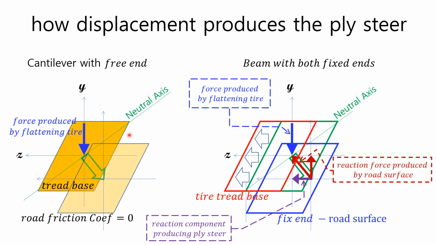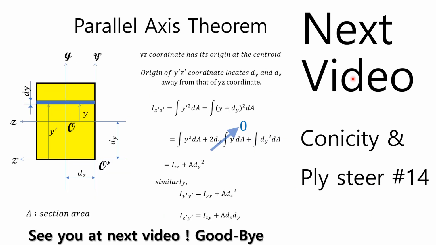Recently, I explained how the unsymmetrical tire tread block produces the force per ply steer. The next video is ply steer 14, the moment of area, part 2. I will explain the second and the product moment of area and the parallel axis theorem.